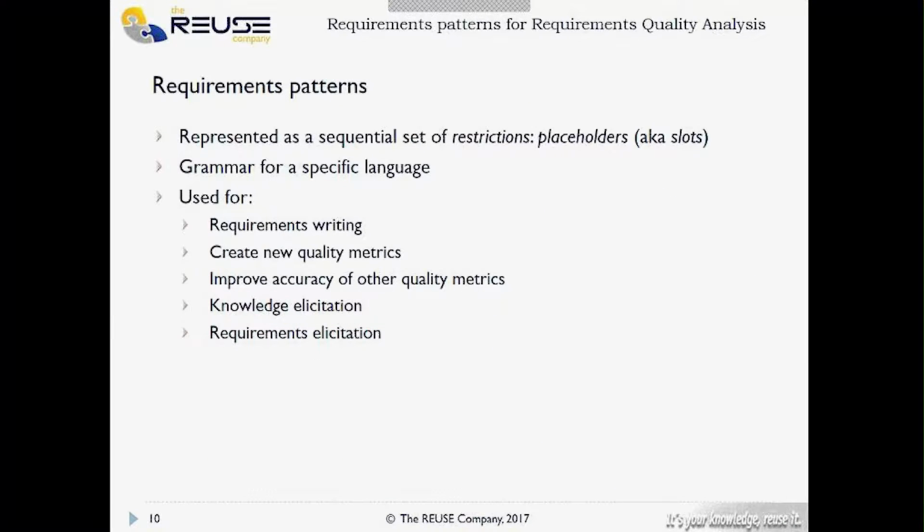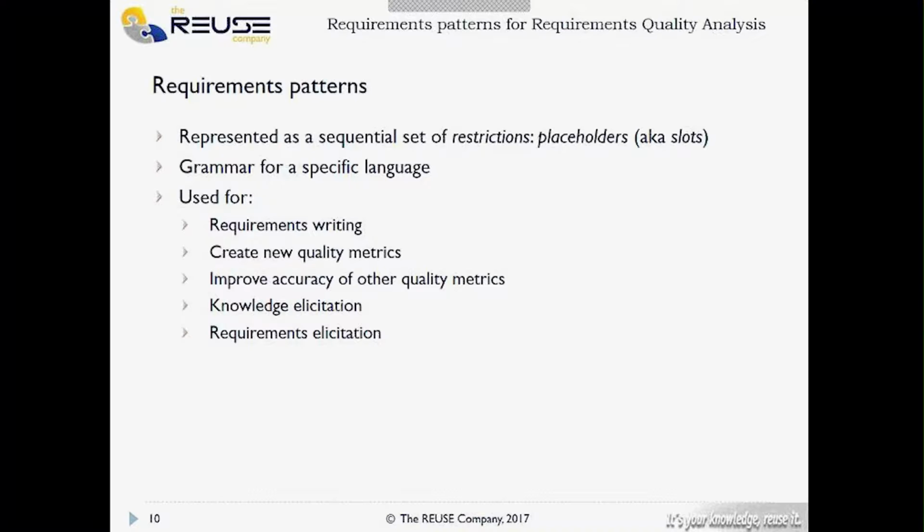As an introduction to the topic of requirements pattern, let me say that it is a kind of sequential set of restrictions or placeholders. To some extent, we might say that it is a kind of grammar for a specific language, and in this case, our language is requirements writing.